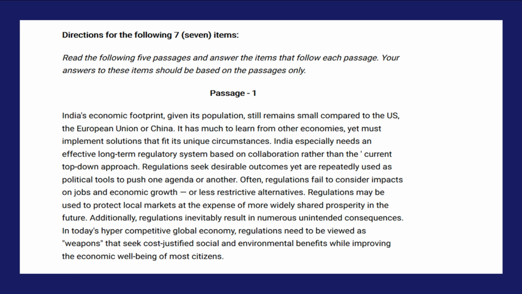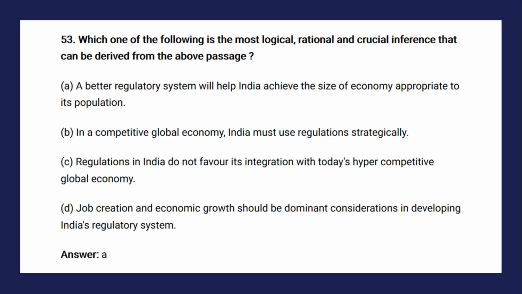So the question 53: which one of the following is the most logical, rational, and crucial inference that can be derived from the above passage? Option A: a better regulatory system will help India achieve the size of economy appropriate to its population.